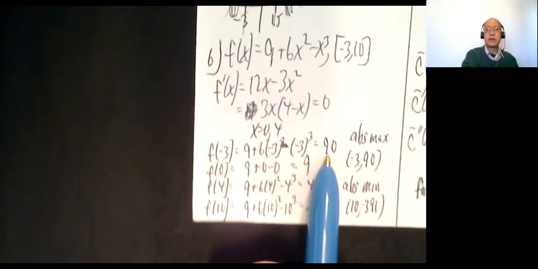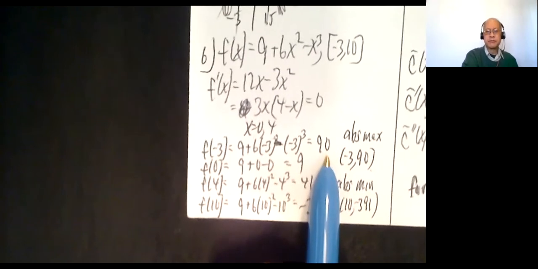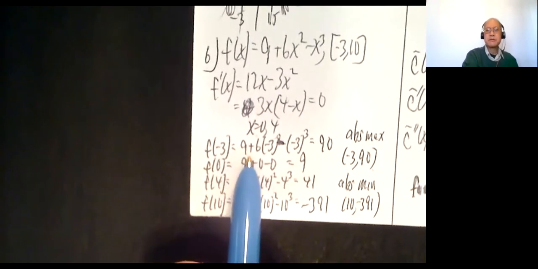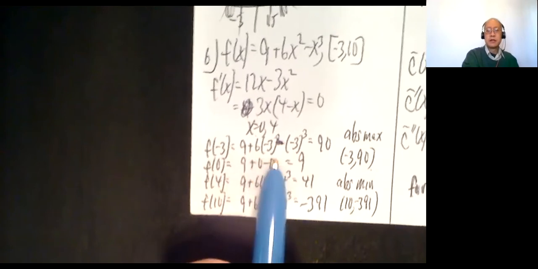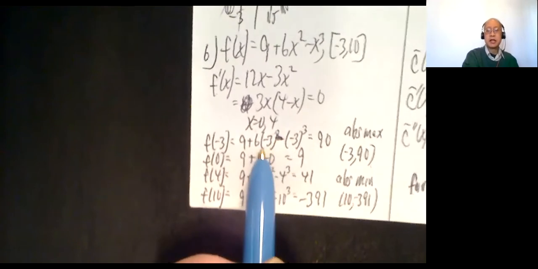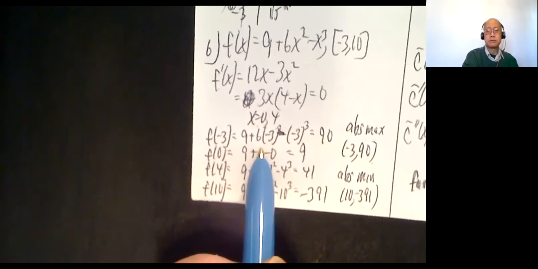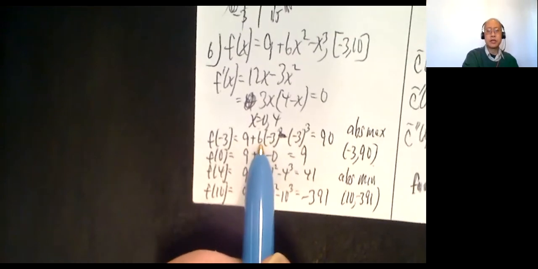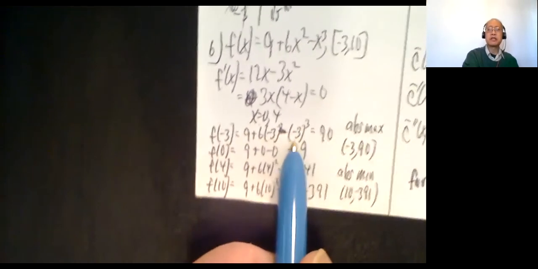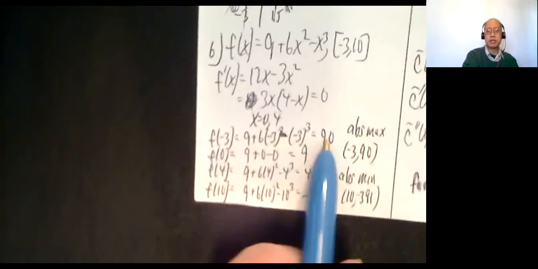Anyway, that comes out to be 90 theoretically. Let's see, negative 3 squared is 9. 9 times 6 is 54. 9 plus 54 is 63, minus a negative 27. So it's 63 plus 27, 90. Yeah, it seems to be correct.